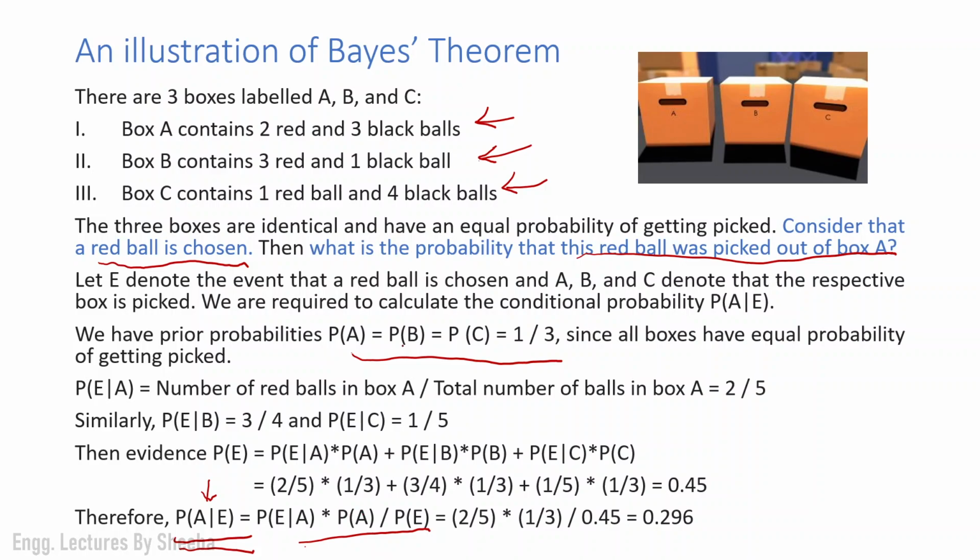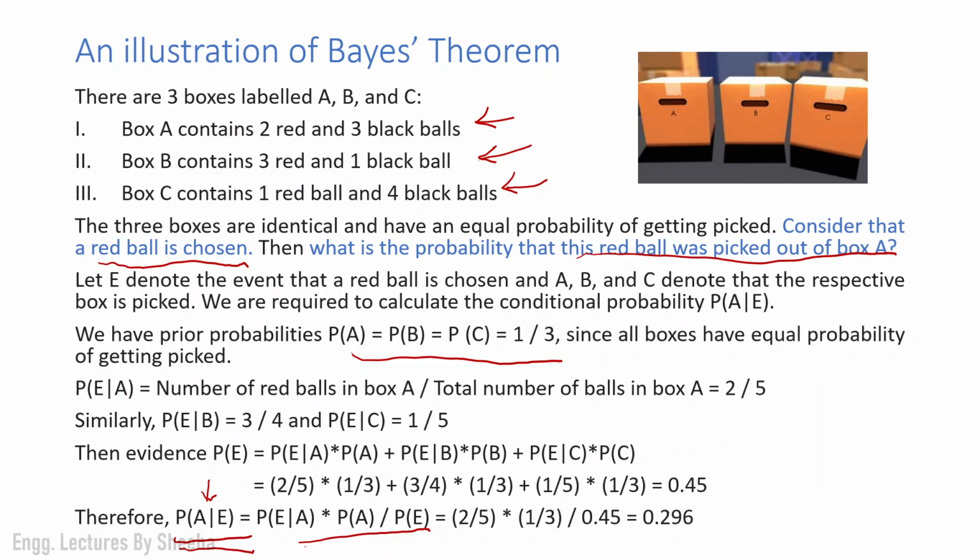P of A is 1 by 3, we already found. Now, what is probability of E given A? It is the number of red balls in, what is E? E is red balls. What is A? That is box A.